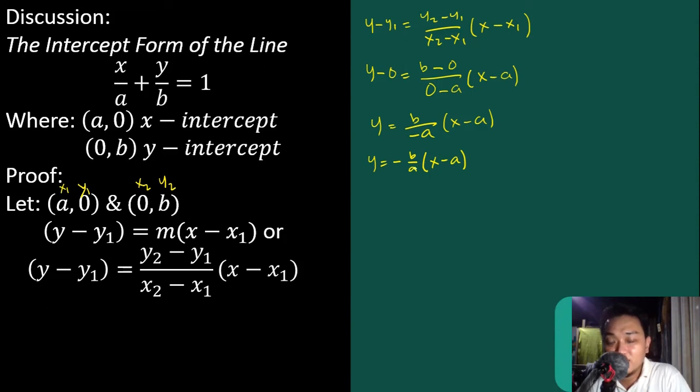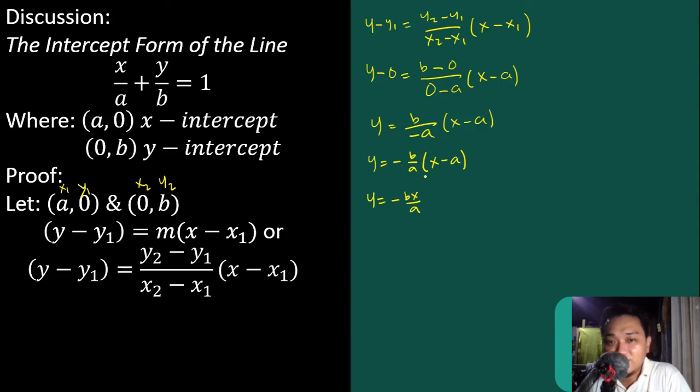Now, let us make use of the distributive property. In multiplying these rational algebraic expressions, we have y is equivalent to negative b over a times x, which is negative bx over a.